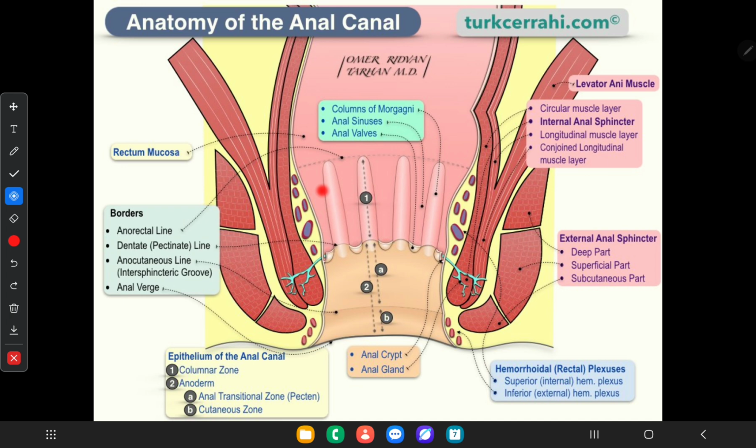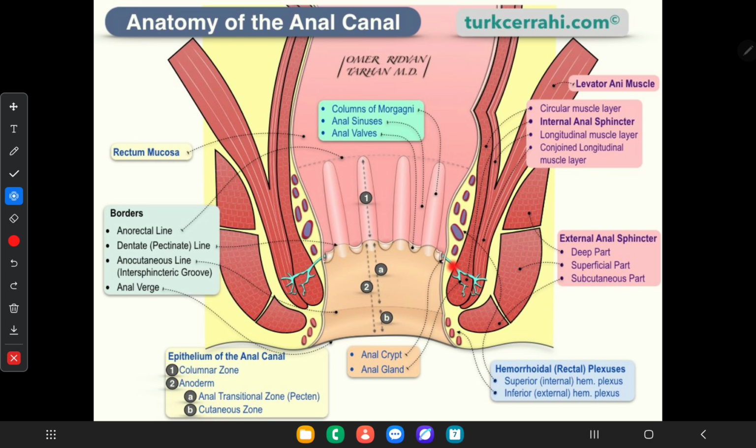These are the anal crypts; here you can see the anal crypt. The anal sinuses on the posterior wall are the deepest and therefore more prone to infection due to fecal matter getting trapped there, and it can also cause abscess formation.